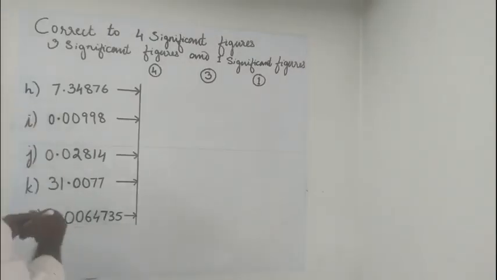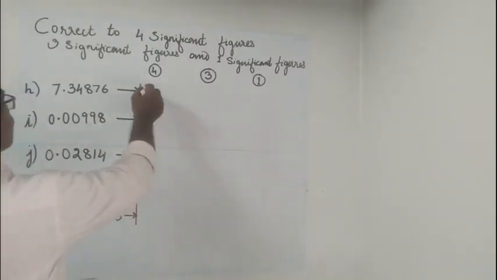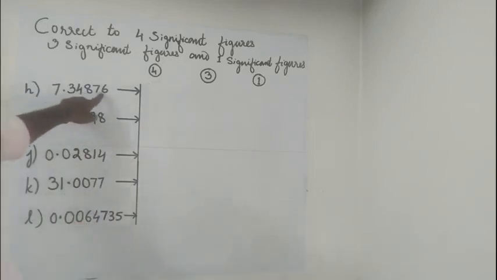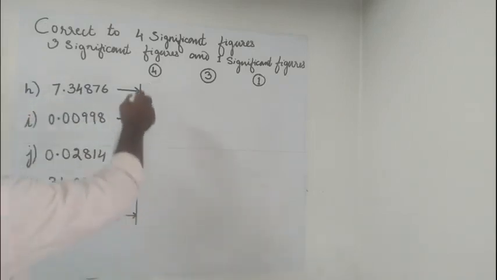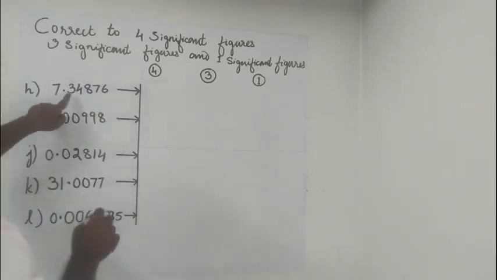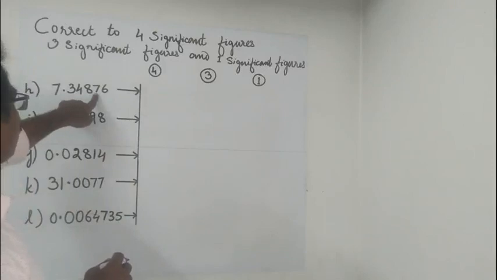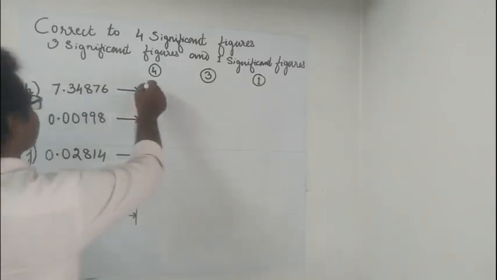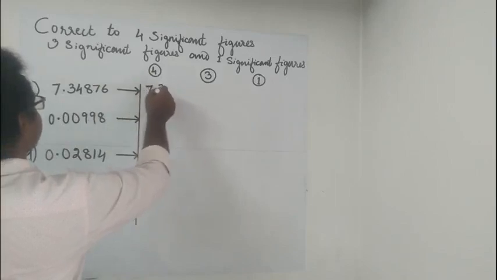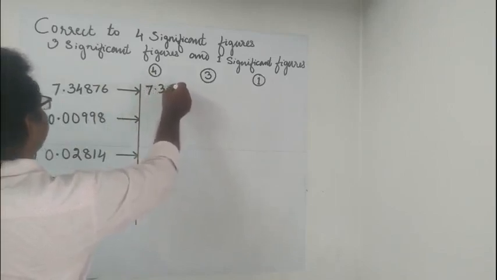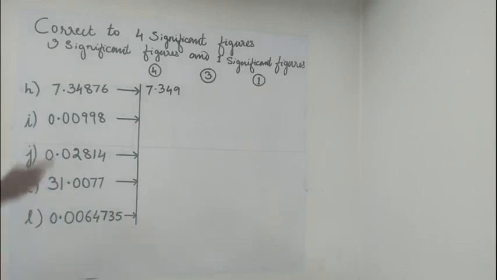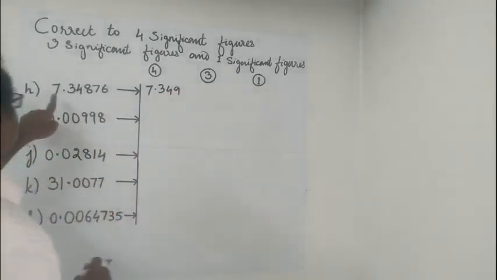See here, 7.34876, isn't it? So we write down the four-digit number, that is 1, 2, 3, 4, isn't it? Here after 4, that is 7, greater than 5. So we have to add 1 to this number. So 7.349, isn't it? Next, 3 significant figures.